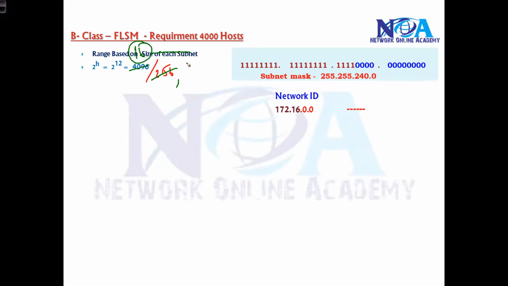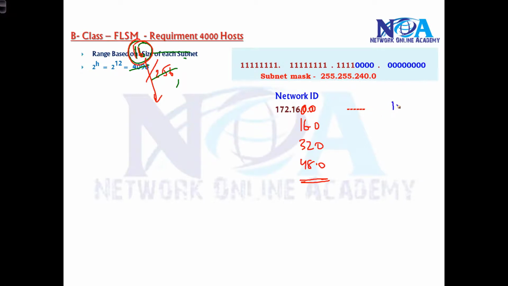So already we calculated this. The range is 16 multiples of 16, which means this is going to be 0.0, 16.0, 32.0, 48.0. Like that, you just need to write down that 16 table or 16 multiples.